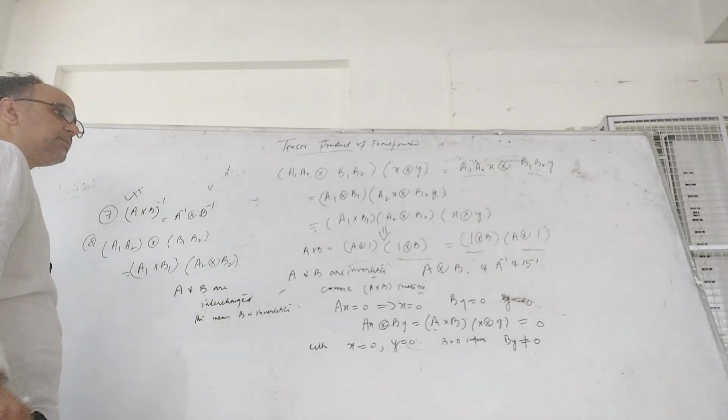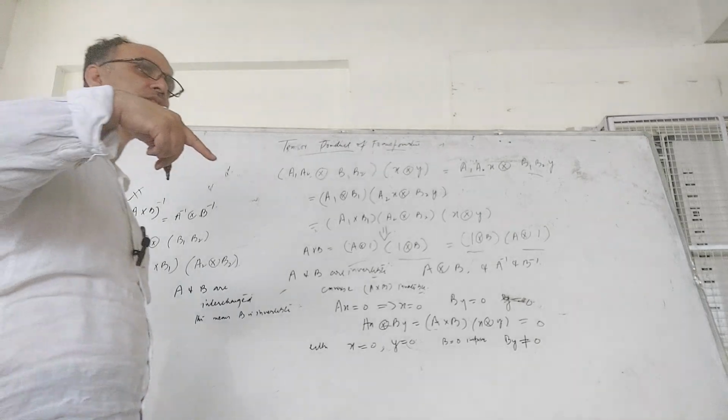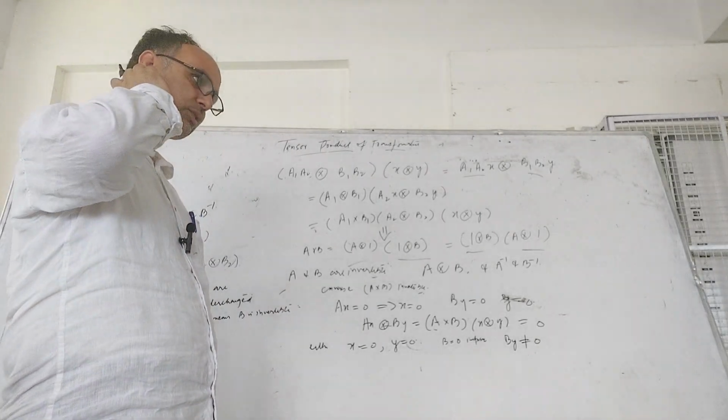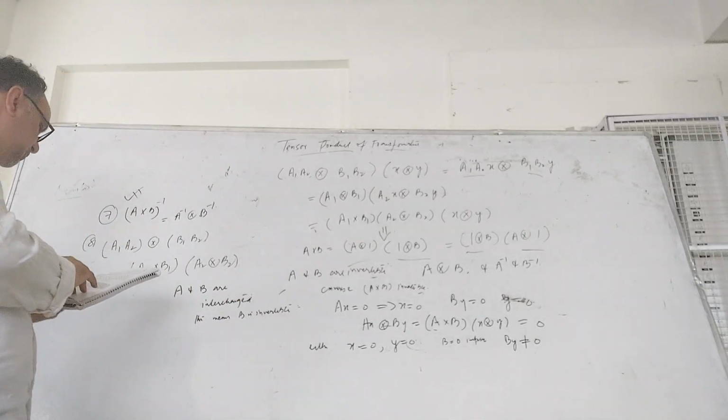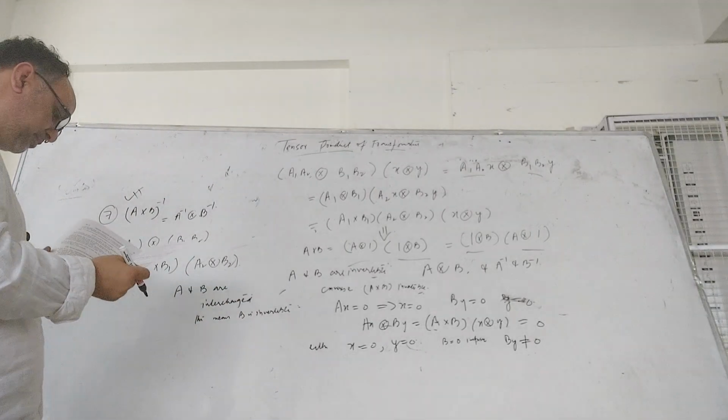So invertible means B and B inverse are there. So what does this mean?